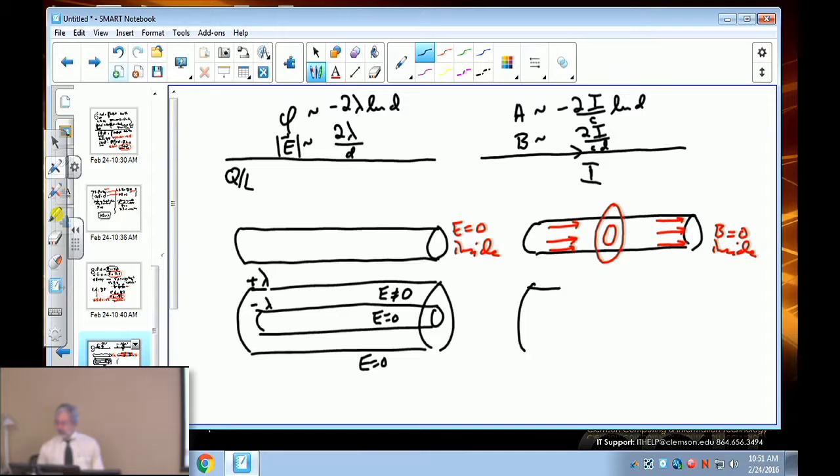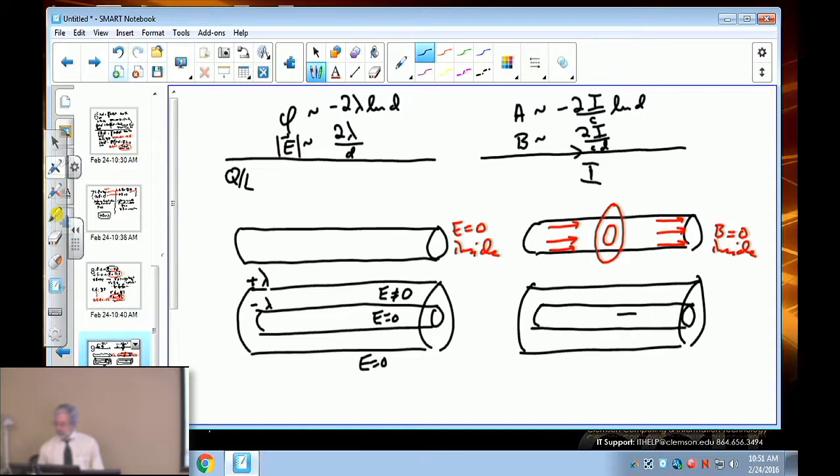In the same way, if you have a coaxial cable that's carrying current in one direction on the skin of the inside cylinder, and current flowing in the opposite direction on the skin of the outside cylinder, then you would have magnetic field only in between. But inside and outside of the whole thing, you have 0 magnetic field.